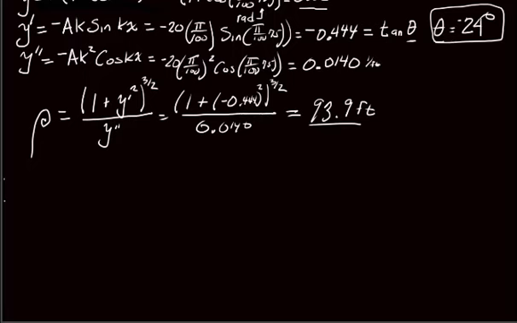Now from here directly we know that V is rho beta dot. So beta dot will be V over rho, which is 40 feet per second over 93.9 feet.